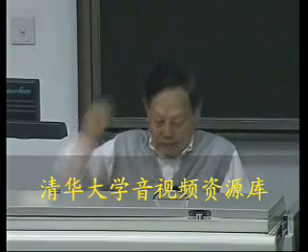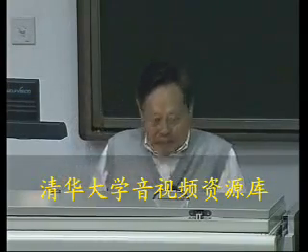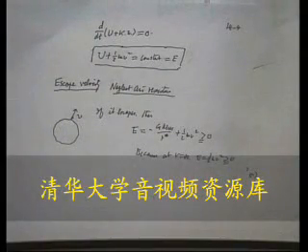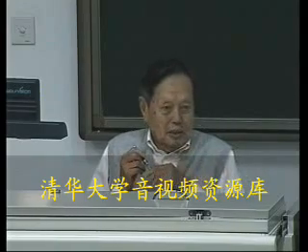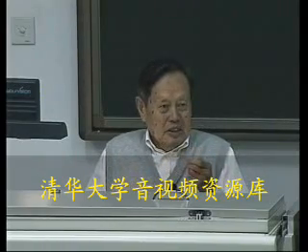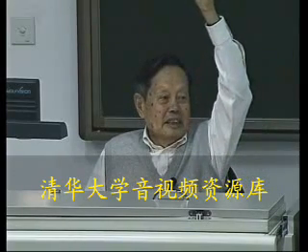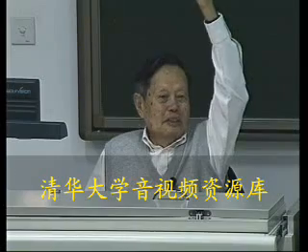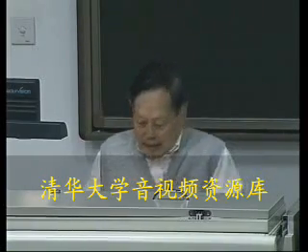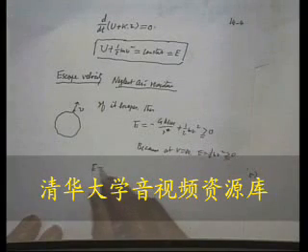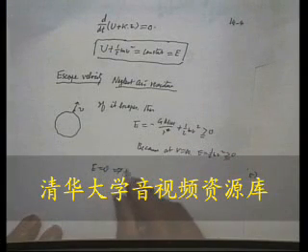Kinetic energy is always positive, so the total energy has to be positive. Equal to 0 is just barely escaping. That means if E is equal to 0, it would go out, and by the time it reaches infinity, it has slowed down to v equal to 0. So that velocity is the escape velocity. So E equal to 0 gives the escape velocity.